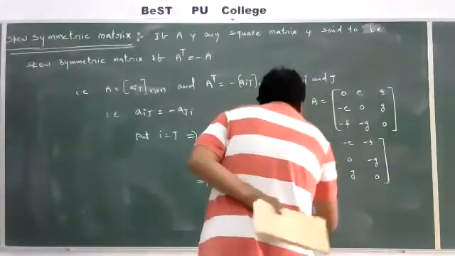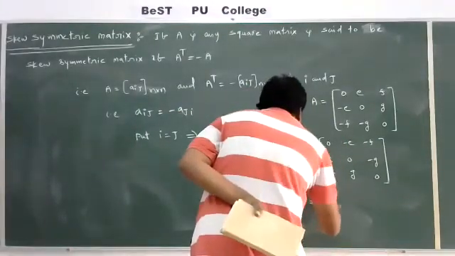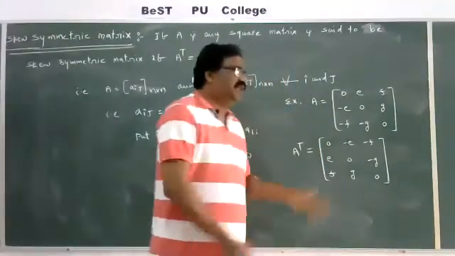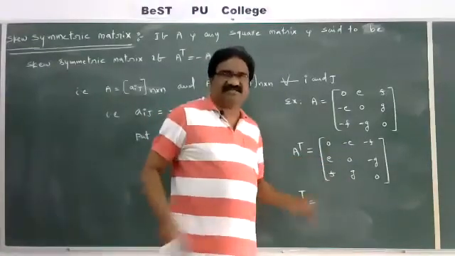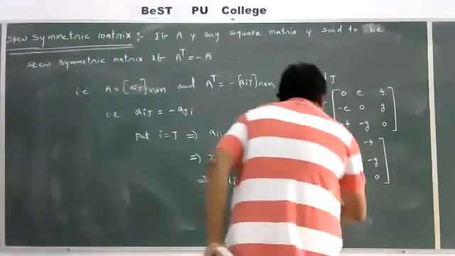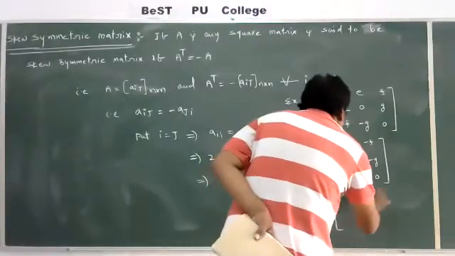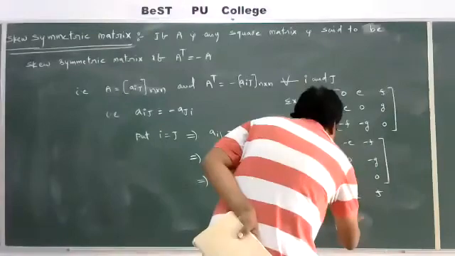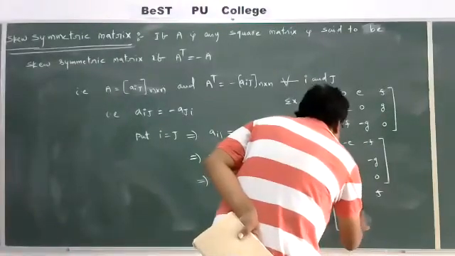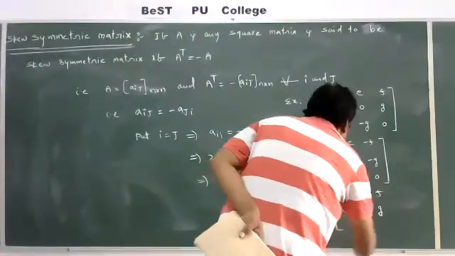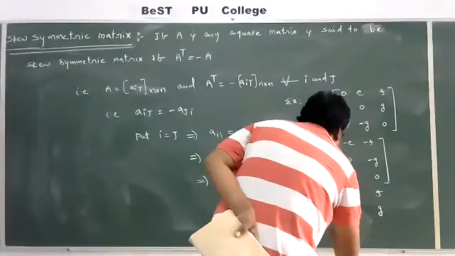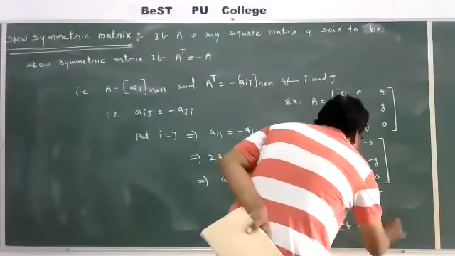Then take minus common, that is A transpose is equal to minus of the matrix 0, E, F, minus E, 0, G, minus F, minus G, 0.